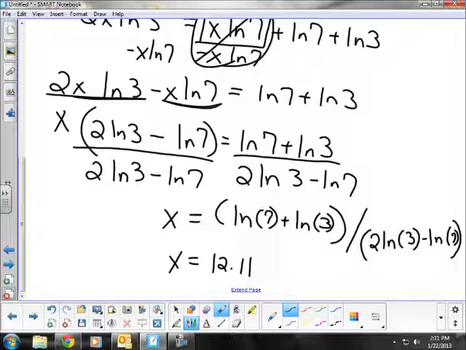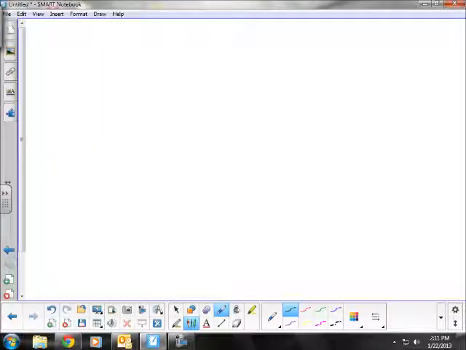Alright. There's one more type of equation where you might have these exponentials. There's another process that you're going to need to do. This is in checkpoint 5.